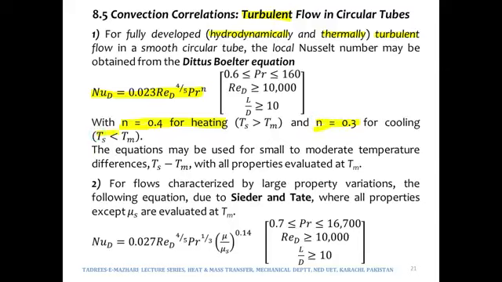It means that Ts is less than Tm, or T infinity, but we really do not use the term T infinity because it is not free stream. So if Ts is less than Tm, it means that the temperature of the fluid is greater than the temperature of the surface. So the fluid will lose energy to the surface, and therefore it will be getting cooled down.